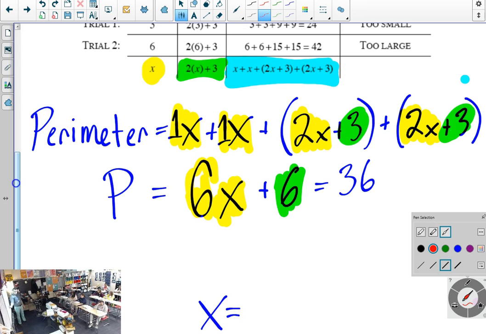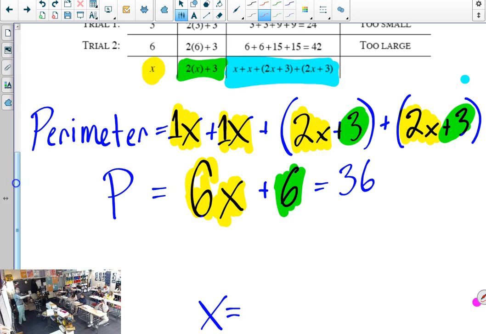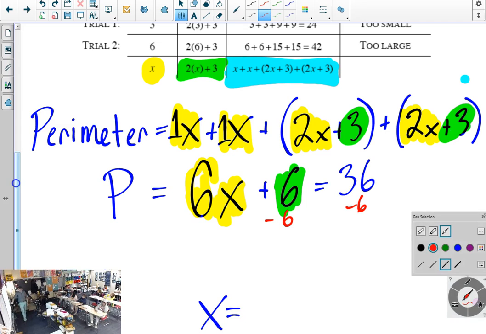I want to solve for this x, so get rid of this 6. How do I get rid of a positive 6? Subtract it from both sides. Please write that out in your notes. Show the minus 6 on both sides. Leave space. Then rewrite that. Now on the left side, I just have 6 times my x equals 30.